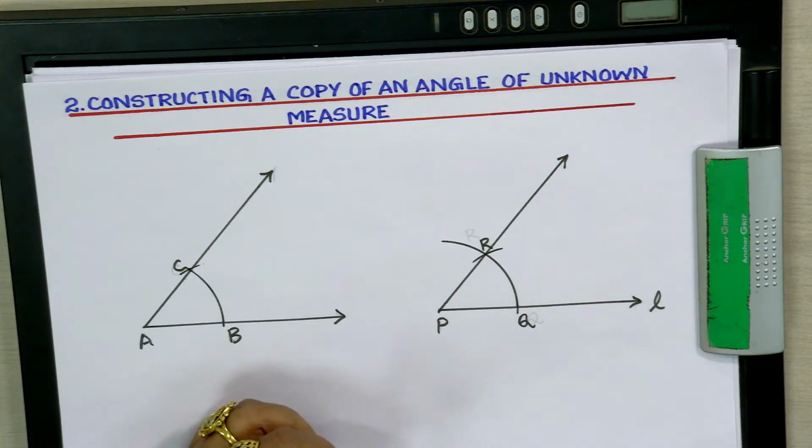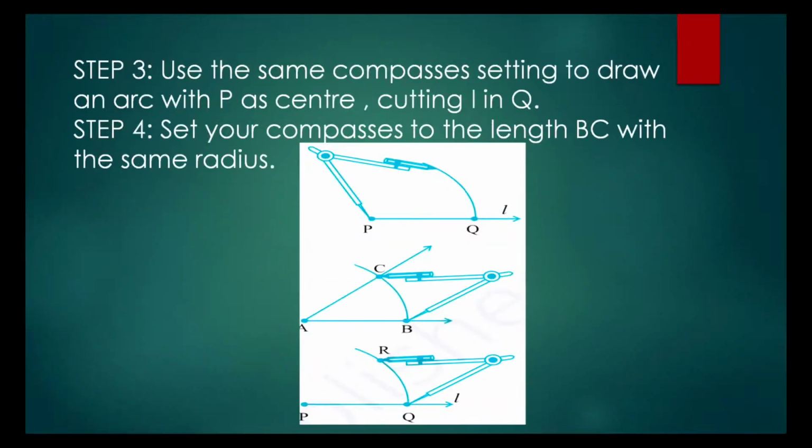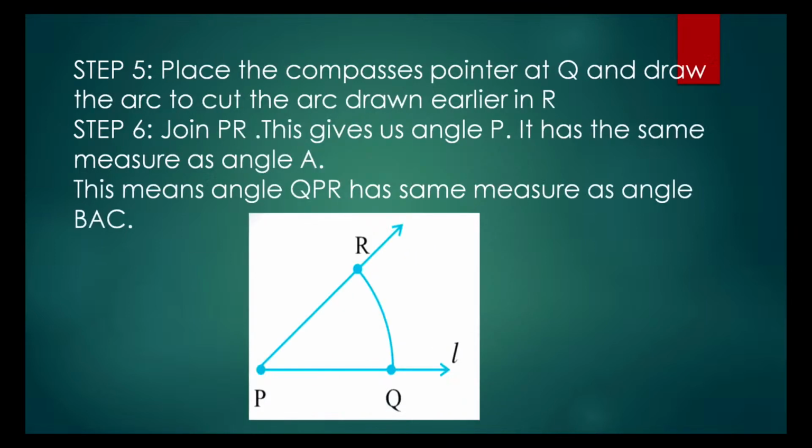See, in the steps we had here, use the same compass setting to draw an arc with P as center, cutting in Q. It is cutting the line in Q. Then step 4 was set your compass to the length BC with the same radius. You can see in the figure.